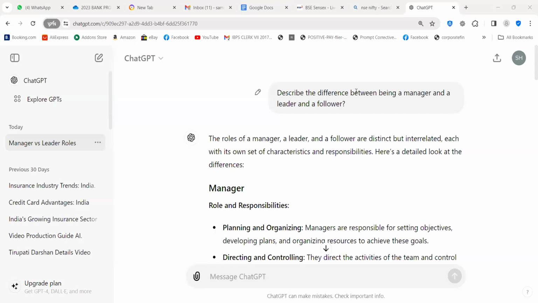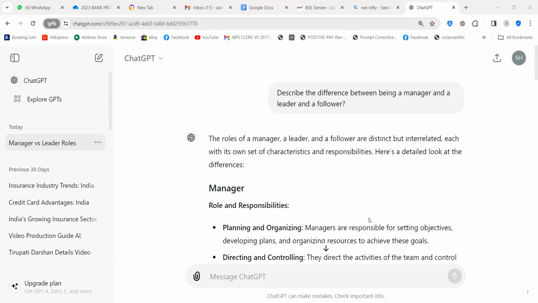The question is: describe the difference between being a manager and a leader and a follower. Monica, 100% this question may not be asked in the exam, but my reading now will help you improve your broad knowledge about various situations so that if similar questions come, you can manage them well. Sure, sir.